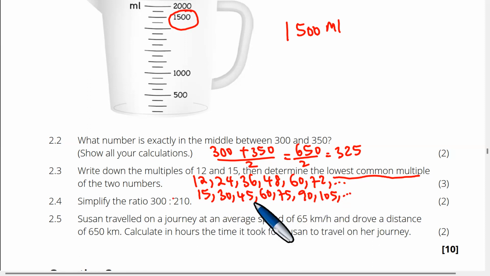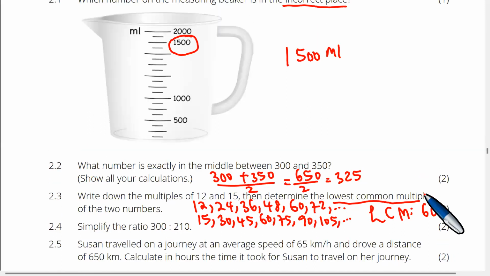Determine the lowest common multiple of the two numbers. Which one do you think it is? Is it 60? That's a good question. Yes, clearly the lowest common multiple is the number 60. So the LCM is 60.